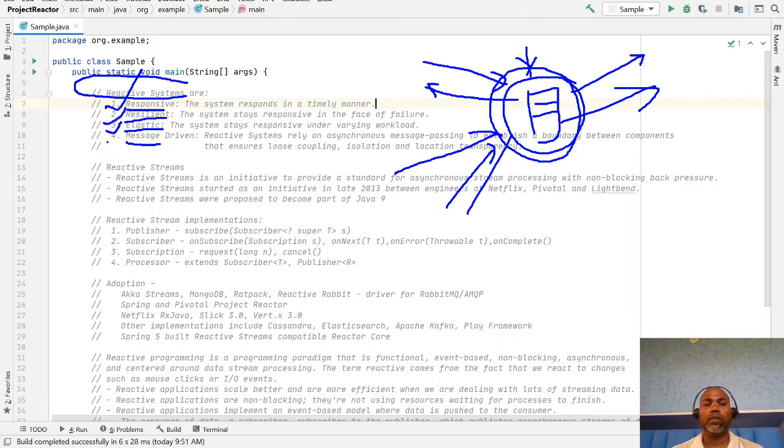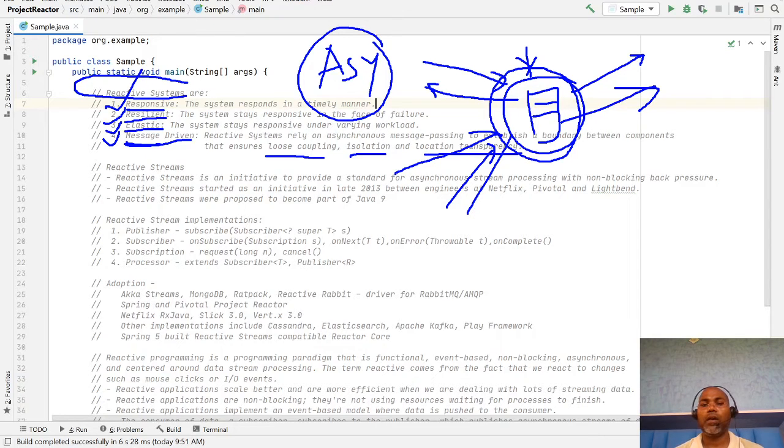And the fourth property of a reactive system is message driven. That means your systems communicate asynchronously. Asynchronous communication happens between the components, and all those system components should be loosely coupled and isolated, with location transparency as well. If your systems become part of one reactive system, all the communication between them should be asynchronous.